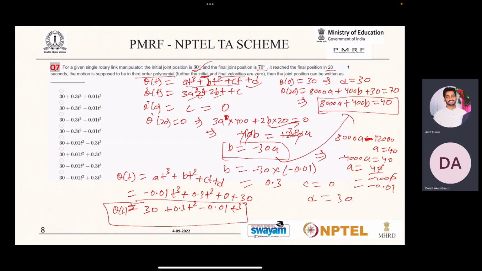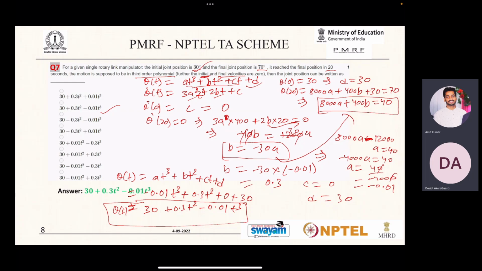So which one is correct here? If you look, this one is correct, right? 30 plus this and minus 0.01 t cube. So this is how we get the theta equation, or rather the trajectory equation for the given problem.